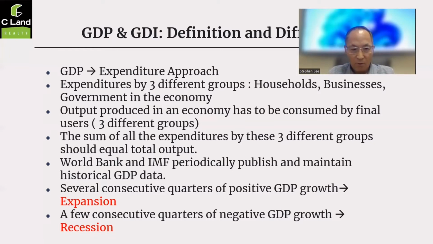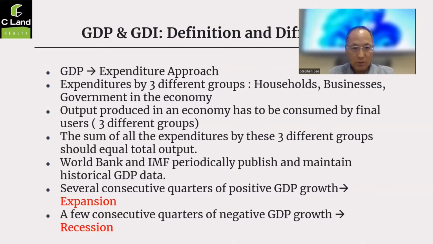And the sum of all the expenditure by three different groups should equal total output. We're talking about economy output. So we measure the total output by expenditure, how much we spend money from the three different groups, all the households in US and all the businesses in US and the government spending.